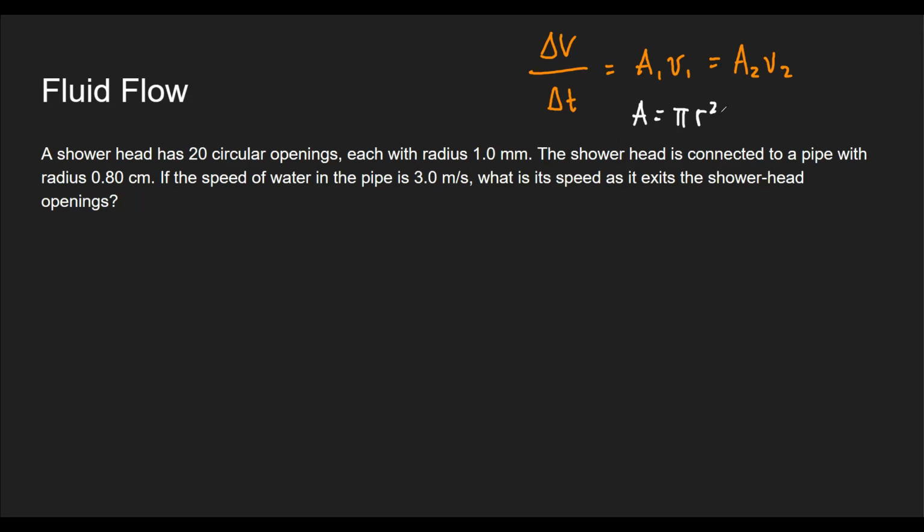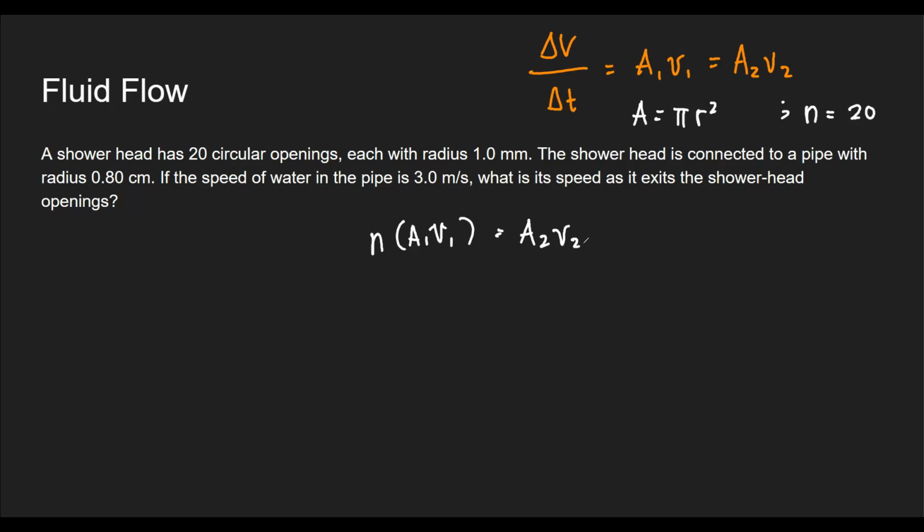And because there are 20 openings, we can say that n is equal to 20. Since A1 V1 must be equal to A2 V2, I can attach my n in the equation, making it n A1 V1 equals A2 V2. And I'm looking for the speed as it exits the shower head openings.